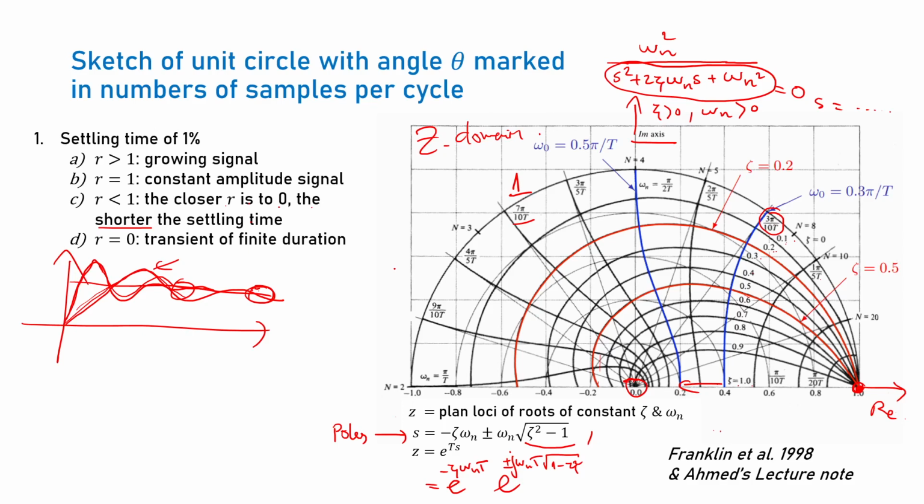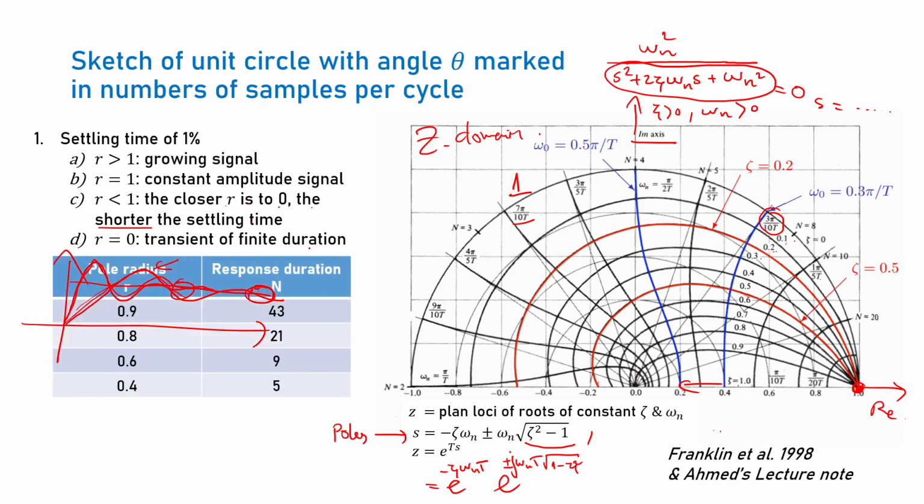Okay. So the last one, if r equal to 0, then the transient is of finite duration. So actually, if you have 1 over z, this one is just a unit delay. Or we can say the transient is just of finite duration. Here let's see the relationship between radius and the response duration.